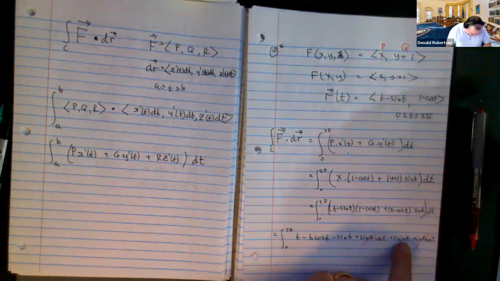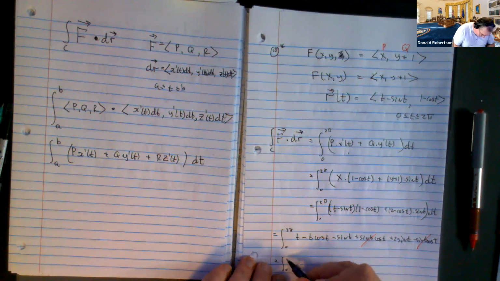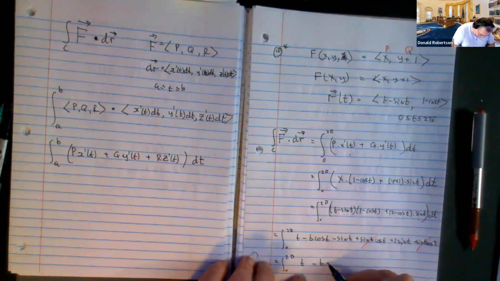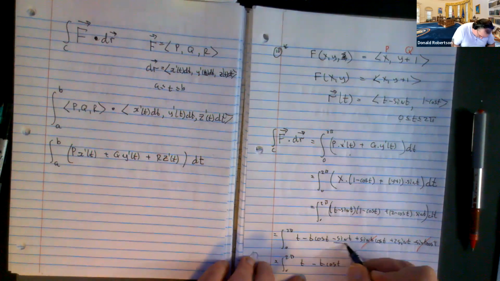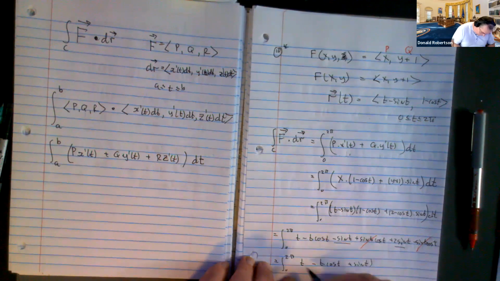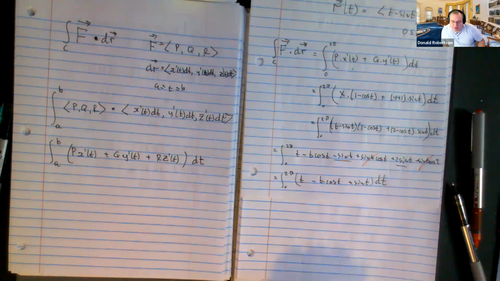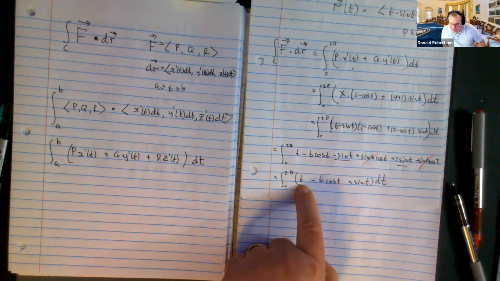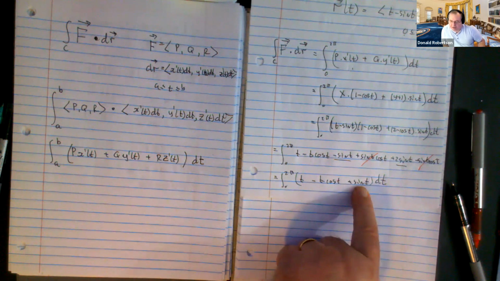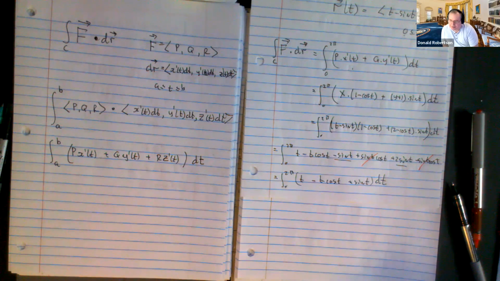This guy partially kills him off, and it looks like we are left with a t, a negative t cosine t, and a plus sine t. So all we need to do now is integrate that, which is pretty obvious, and integrate that, which is pretty obvious. But how are you going to integrate this guy? That has to be an integration by parts. Agreed? Integration by parts. And you're finished.